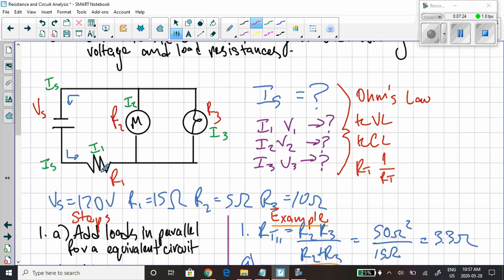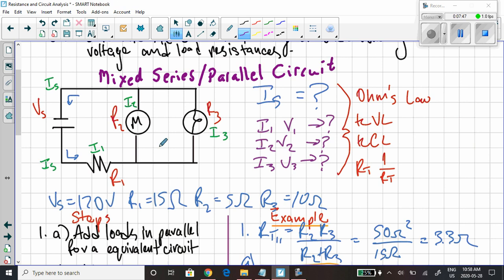So a load before other loads means series. So this is actually called a mixed series parallel circuit. It's a mixture of the two. It's got different sections, different arrangement of loads with each other.